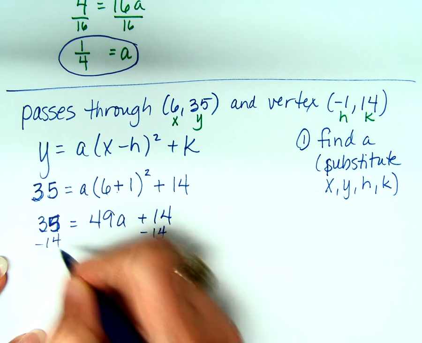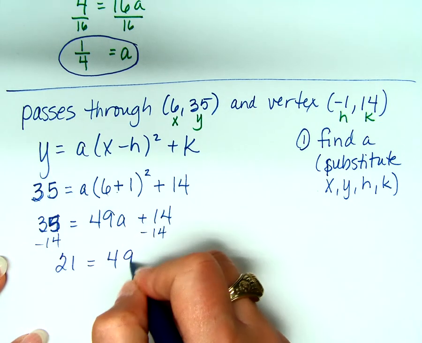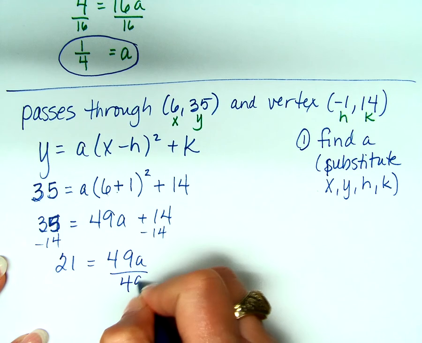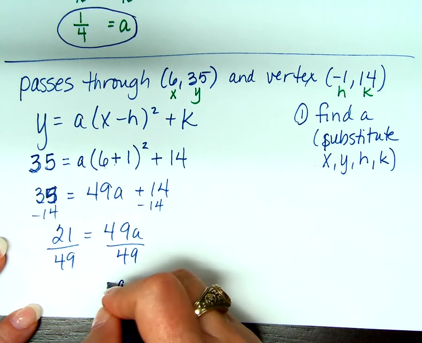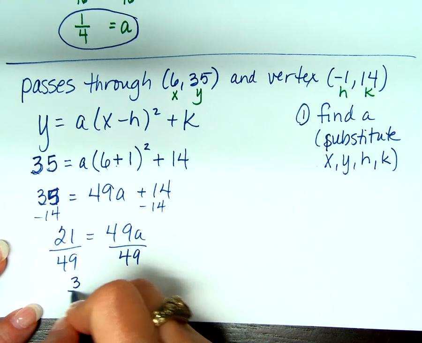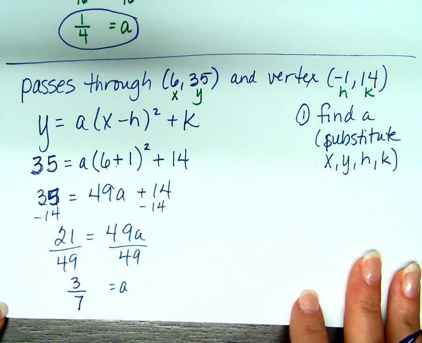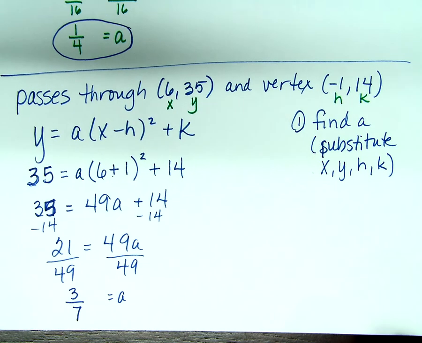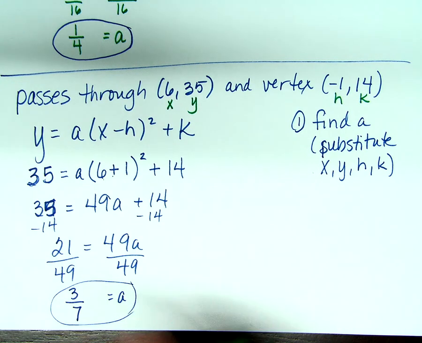I'm going to catch up to you. Okay, so 21 equals 49a, and dividing both sides by 49, a is 3/7. Is that what you got? Awesome. Is that my answer? Oh, it's not my answer? Okay, how do I get my answer?